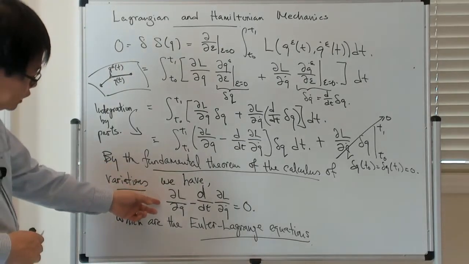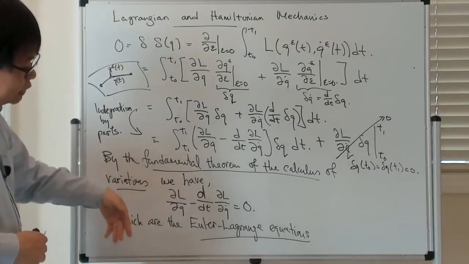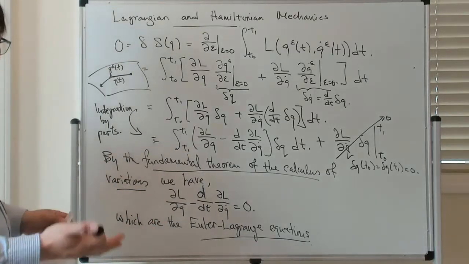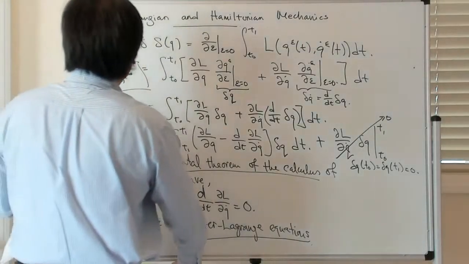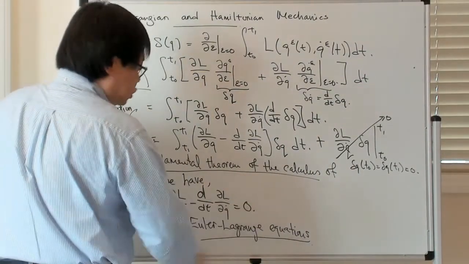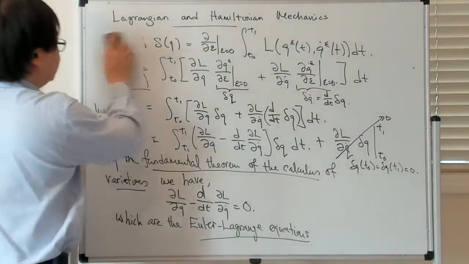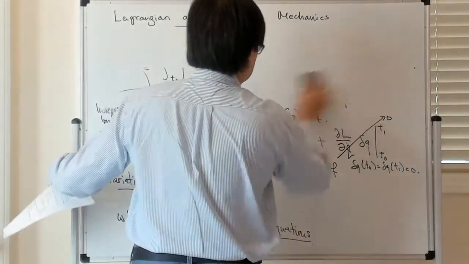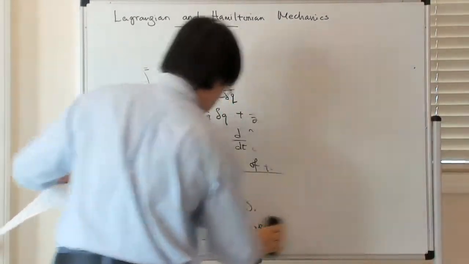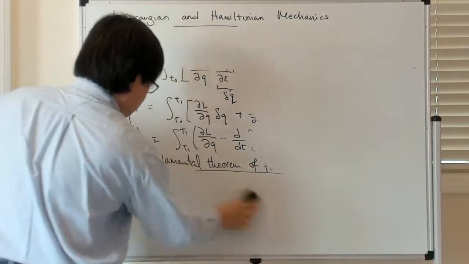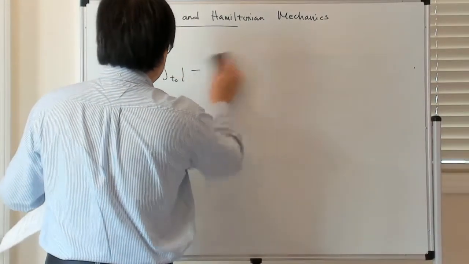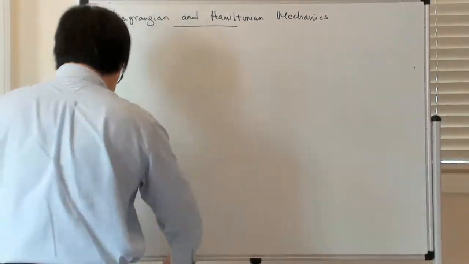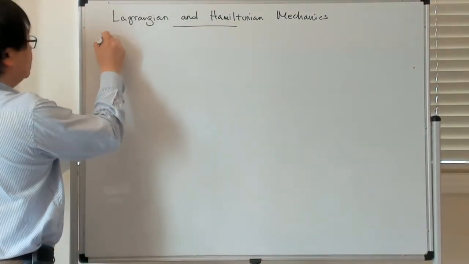So let me illustrate how the Euler-Lagrange equations are related to Newton's second law. That involves choosing a specific Lagrangian. Let's look at an example.